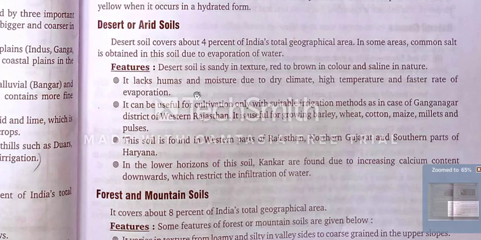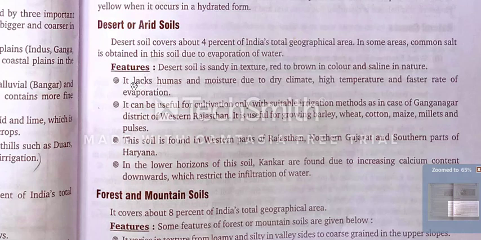Humus. Got it. Humus means the soil which is made by the decomposed dry leaves. The soil which is made by decomposed dry leaves. सड़ी पत्तियों की मिट्टी के द्वारा बनाए गए.